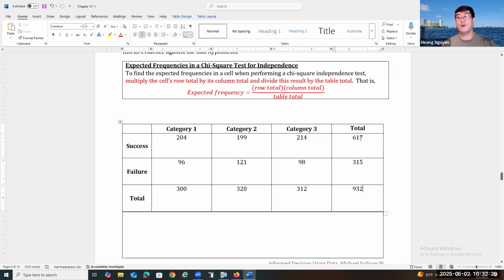Now, based on the calculation of the row, the column, and the table total, we're going to go back to every single cell right here and determine the expected frequency for each cell.